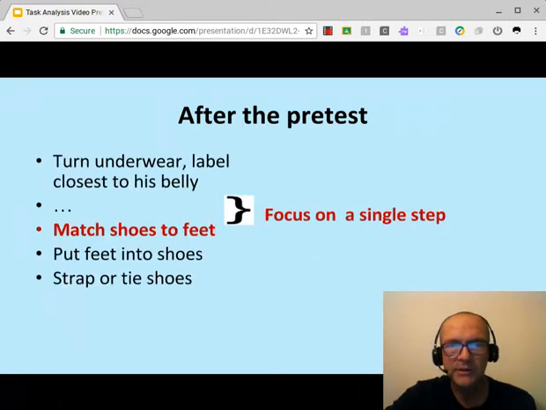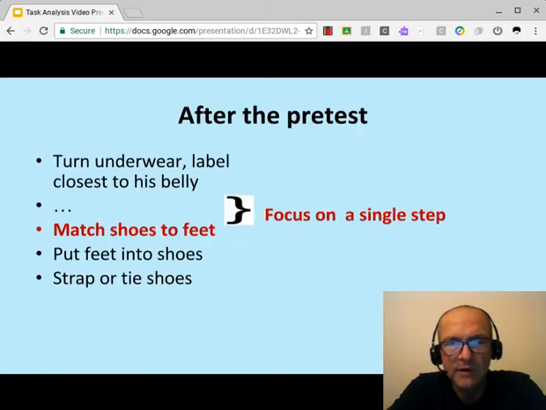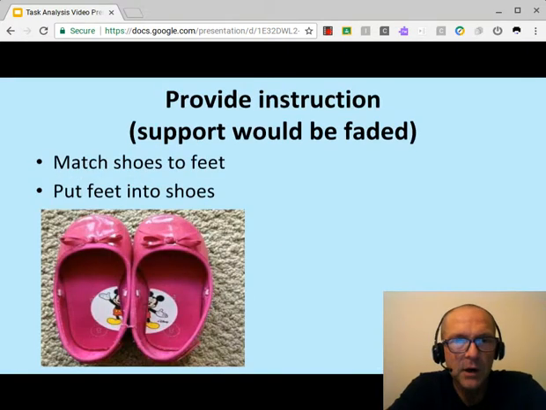Or maybe it's just a single step, like getting him to match his shoes to his feet. Then you would provide instruction to target those steps. If Gabriel's having trouble matching his shoes and feet, maybe we just focus instruction on that, with the idea that any accommodations would eventually be faded. The same thing would happen in math.